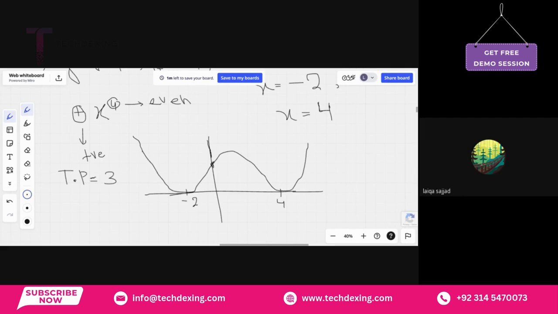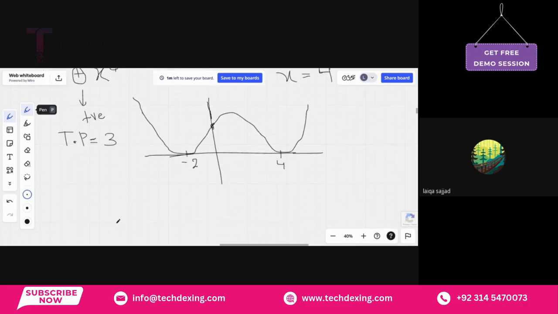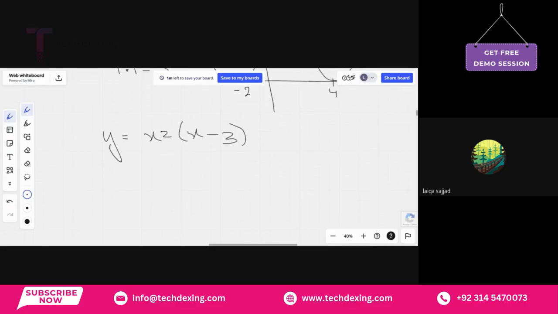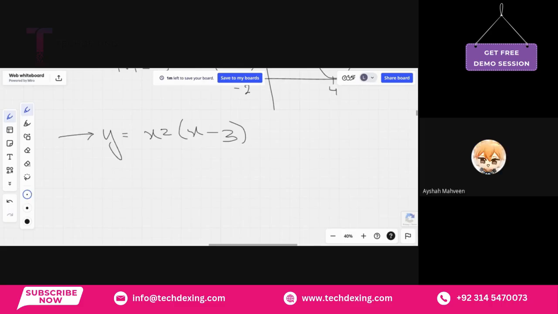And if we see that we have x squared into x minus 3, in this case, what type of graph will we get? Cubic. Yes, very good.